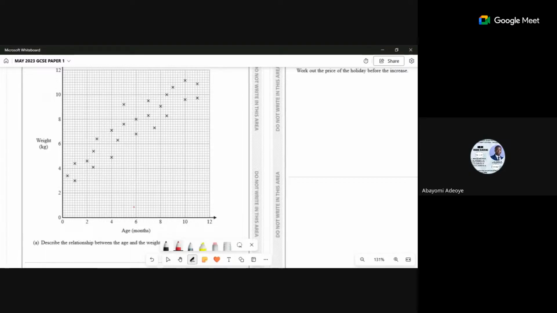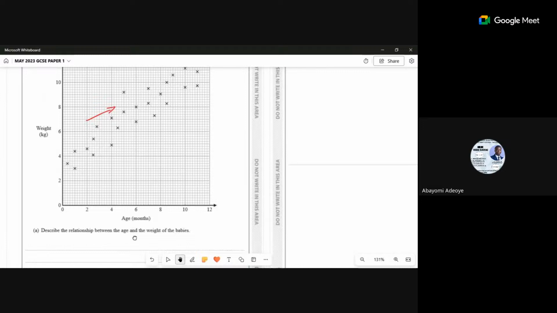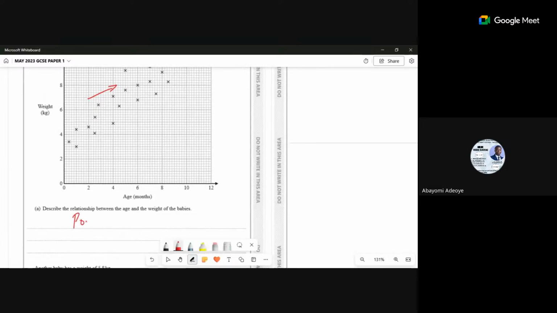Whenever you see a scatter diagram moving towards the right direction, it is directly proportional and it's also positive. We say positive correlation. The scatter diagram is positive.